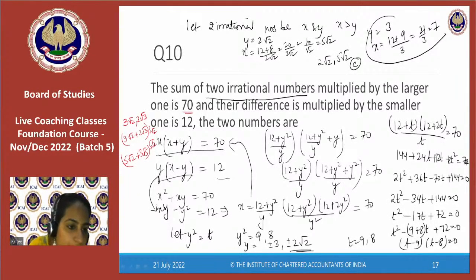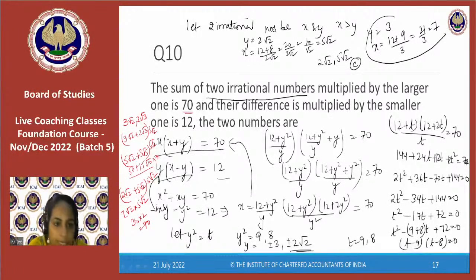Though 5 into 5, 25 into 2 does give you 50, plus this becomes 15 root 10, which is again not 70. Second option also goes away. Then we have 2 root 2 plus 5 root 2 being multiplied with the larger one, 5 root 2. So this is 7 root 2 into 5 root 2. 7 5s are 35 into 2, 70. So the third option is my correct answer.